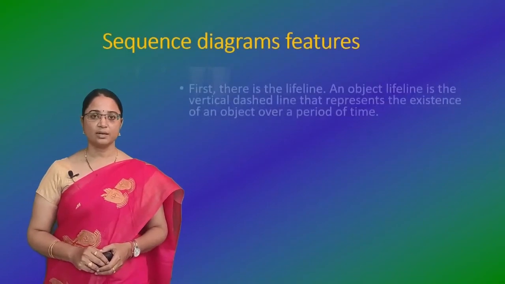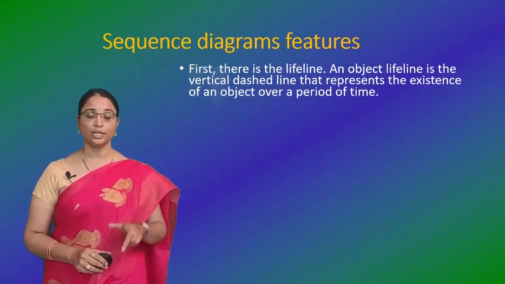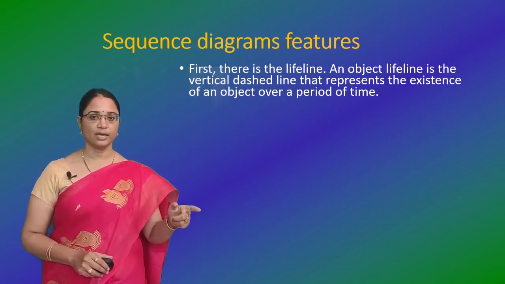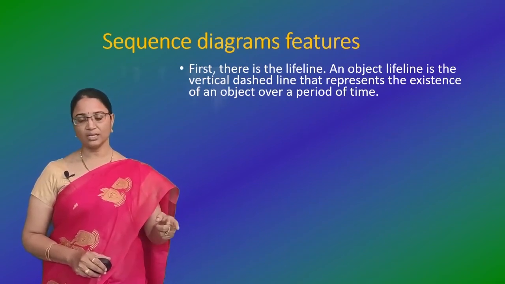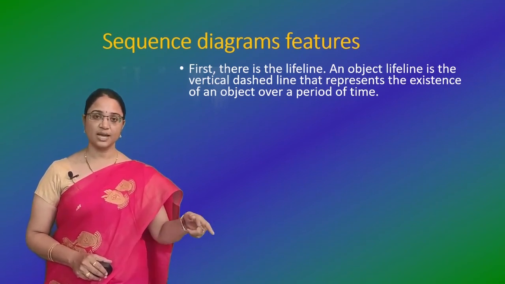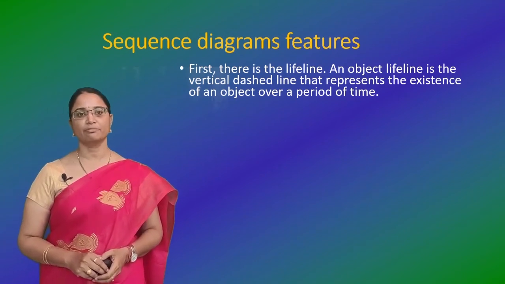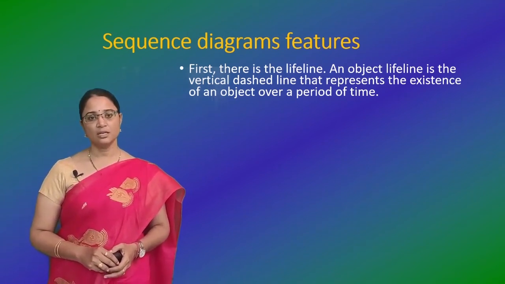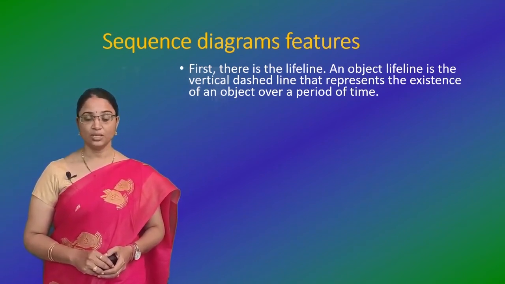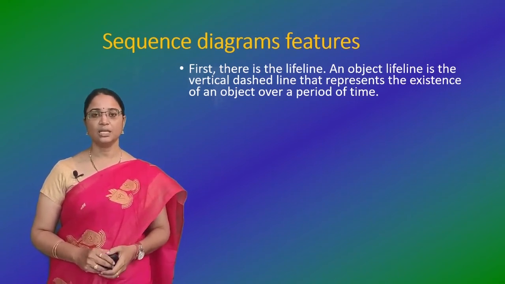The sequence diagram mainly has two features that distinguish it from a communication diagram. I told you that the sequence diagram and communication diagram are semantically equivalent and isomorphic, but these two features make the sequence diagram different. Let's see them one by one. First, there is the lifeline. As I told you, below the object we have a dotted line, which is nothing but a lifeline.